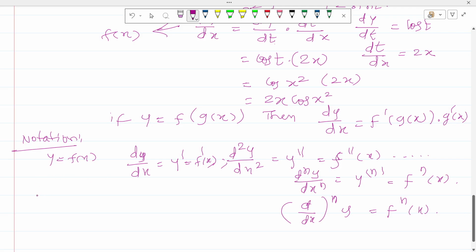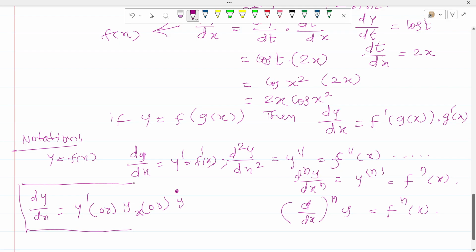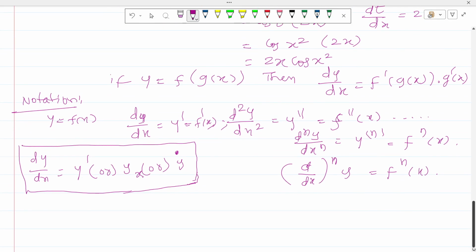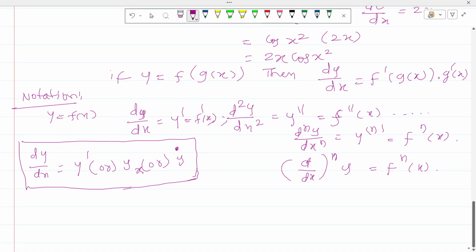Sometimes some authors may write dy by dx as y dash, or y suffix x, or y dot. So these are the different notations for the same differentiation. If you see some books, they may use different notations, but you shouldn't be confused, you have to be clear in the concept.